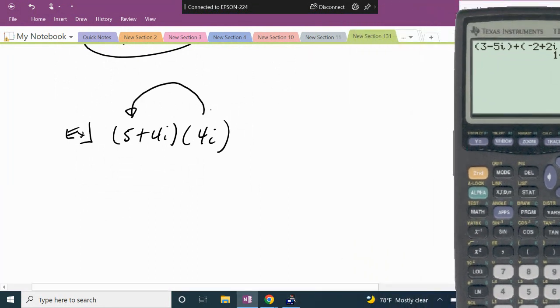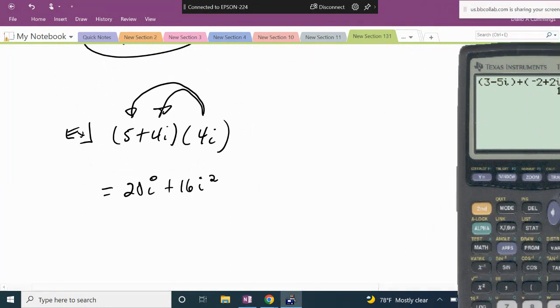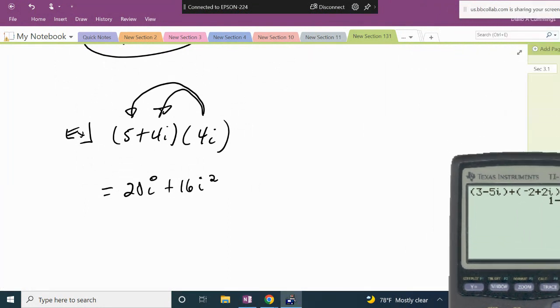So I'm going to distribute 4i. All right, so 5 times 4i is 20i. 4i times 4i is 16i squared.